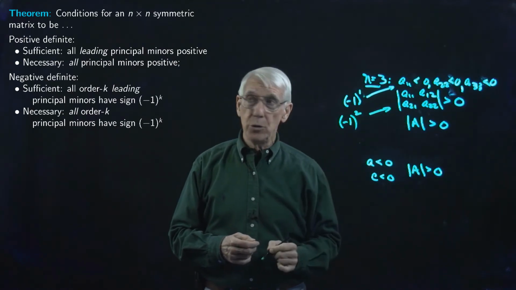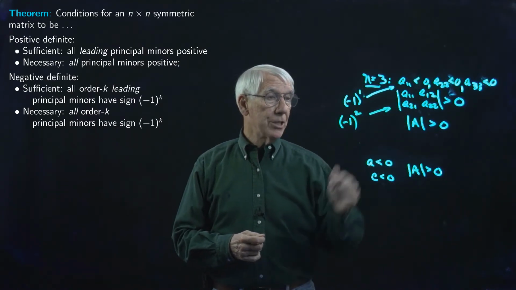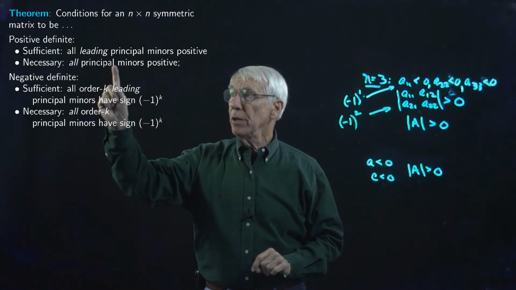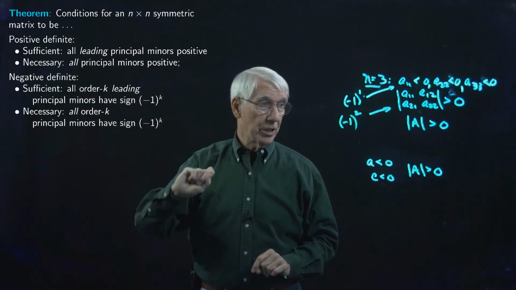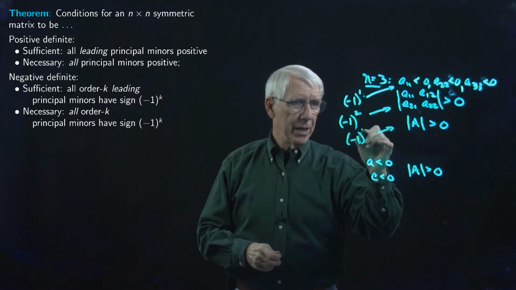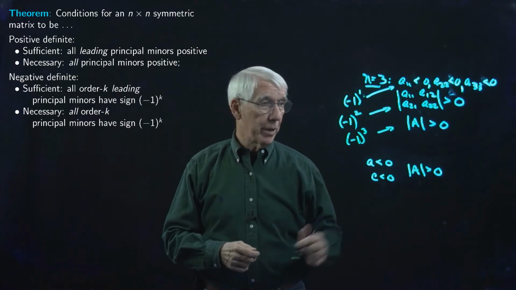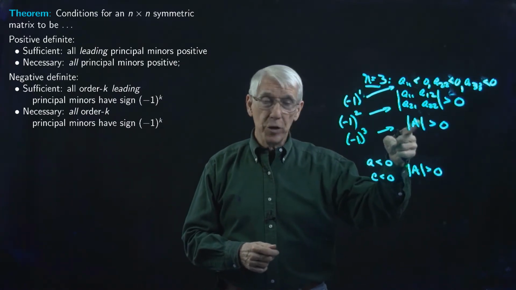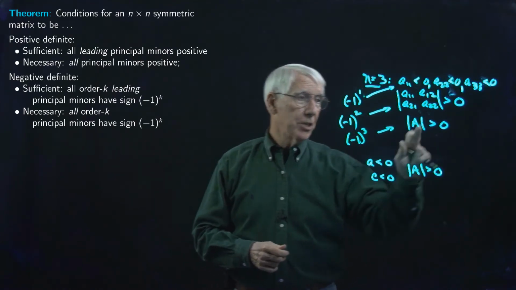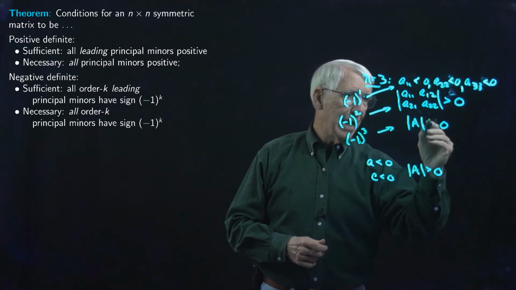It's an order 2 principal minor. And so here this determinant has to be positive according to this sufficient condition. And here I have -1 cubed, -1 to the 3rd power, because this is a 3-by-3 order 3 principal submatrix. So this, again, has to be negative.